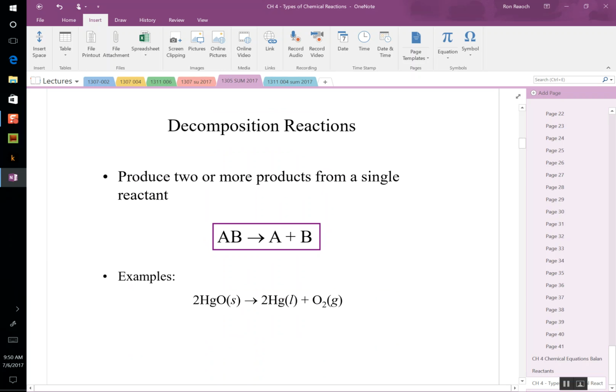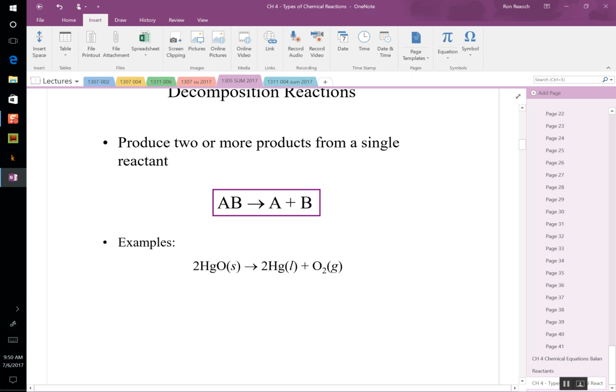All right, decomposition. And we looked at this example earlier. Now, how would you recognize this? When you see a reaction that has only one reactant and it's going to produce two or more other things, it is breaking apart.